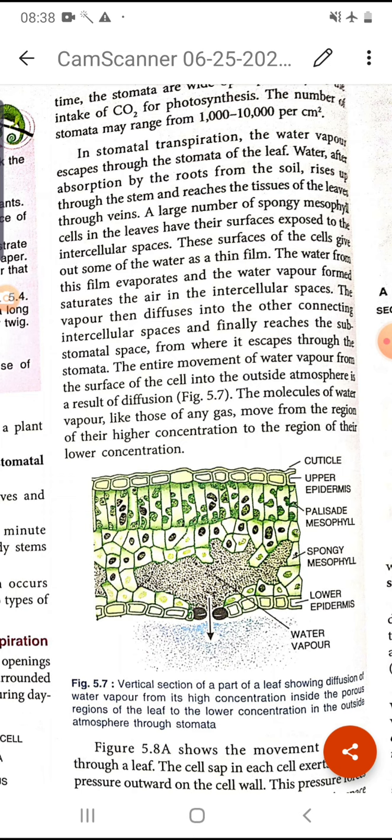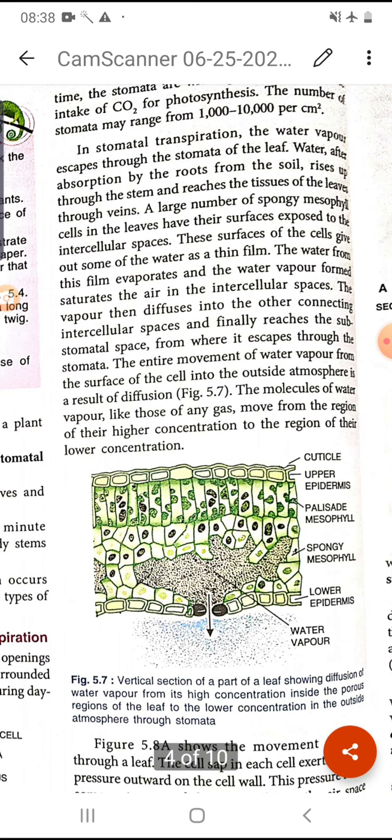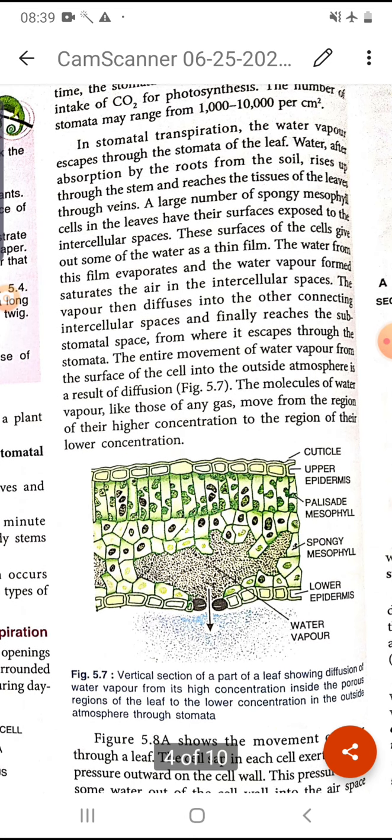These surfaces give out some water as a thin film, very little water, into the intercellular spaces. The water from this film evaporates and water vapor is formed. The water vapor saturates the air in the intercellular spaces, right?